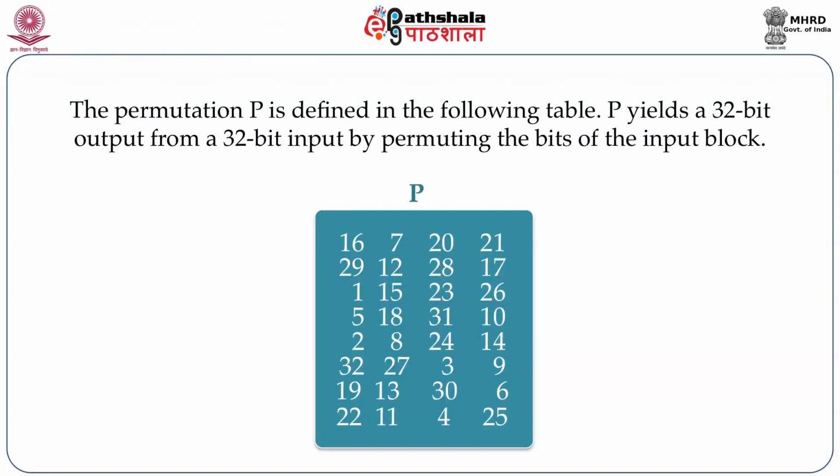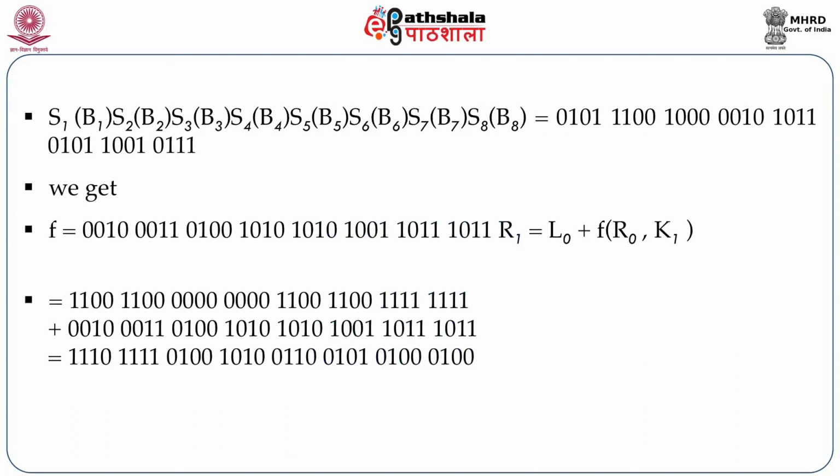Once again, the permutation table is on the screen. The 16th bit would become the first bit and the 25th bit would become the last bit. So the permutation P is a 32-bit output from a 32-bit input. So this is what you can observe after permutation. The output is like this.